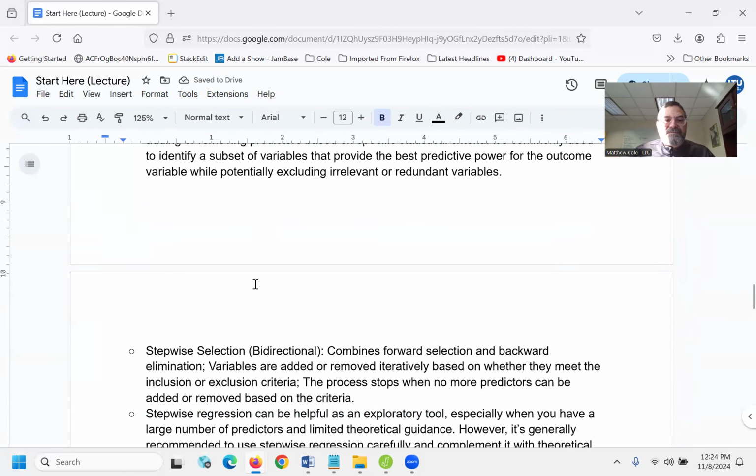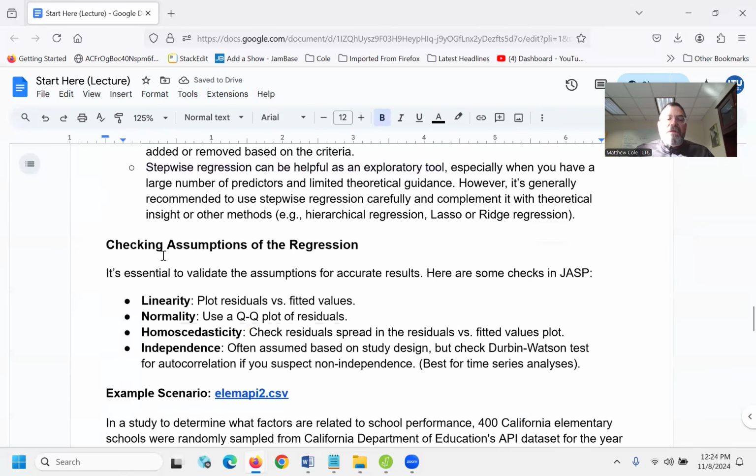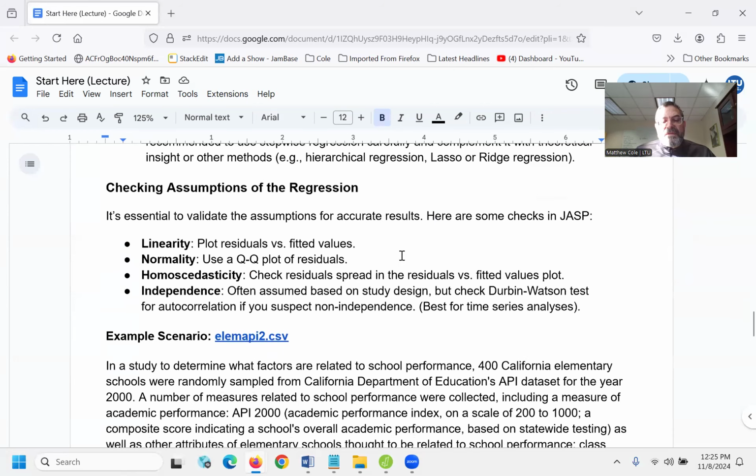Okay. What else? Oh, it's important to check assumptions of the regression. Whether or not you do anything, if you find some violations of the assumptions, is another story.